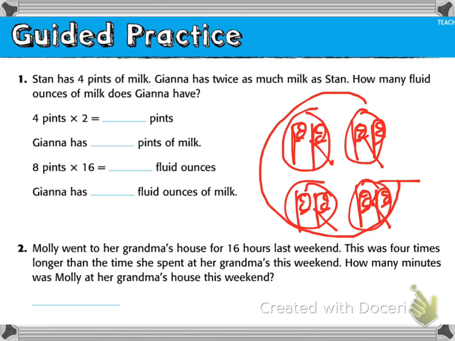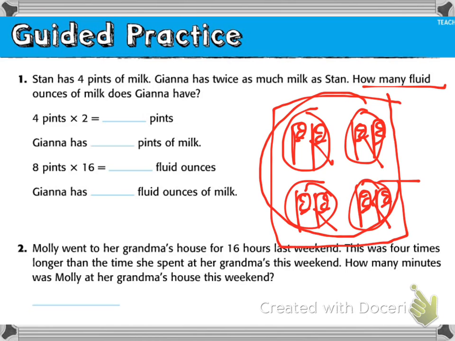So Stan has 4 pints of milk. So this is what Stan's got. Okay? Gianna has twice as much milk as Stan. So if she has 8 pints of milk, then that means Gianna's got this much milk. She has a whole gallon because 8 pints is equal to 1 gallon.